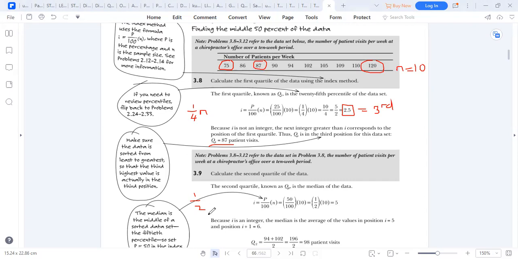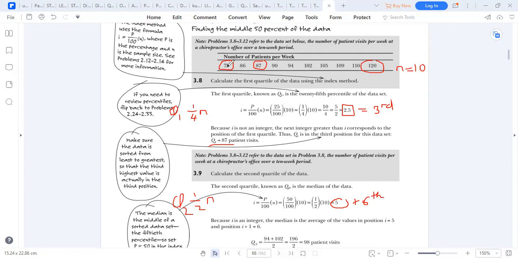Then we go to half. Our second quarter, so this is Q1. Our Q2 is half of what? N. So half of 10 is 5. Now, whenever we have a single discrete value, the rule is we add the next position. So the 5th and 6th position, then you divide by 2.